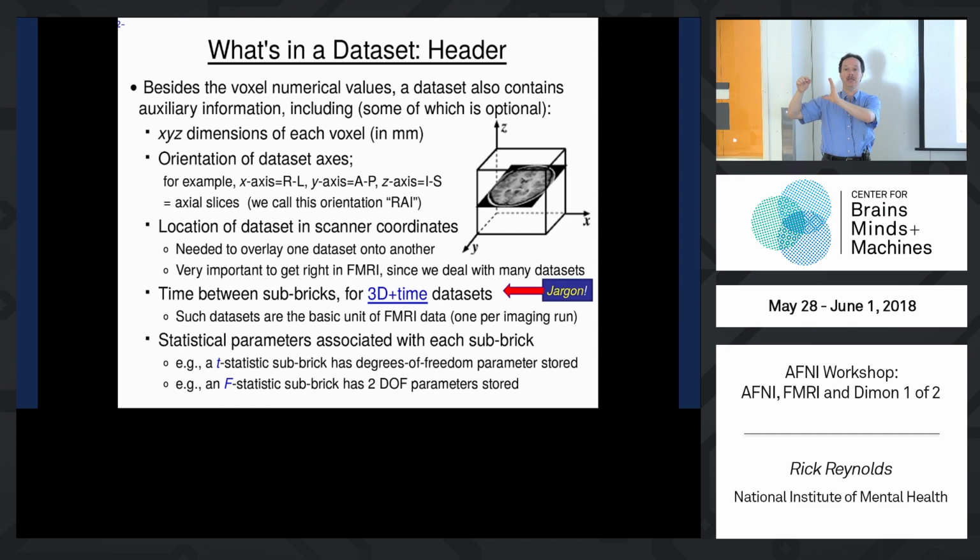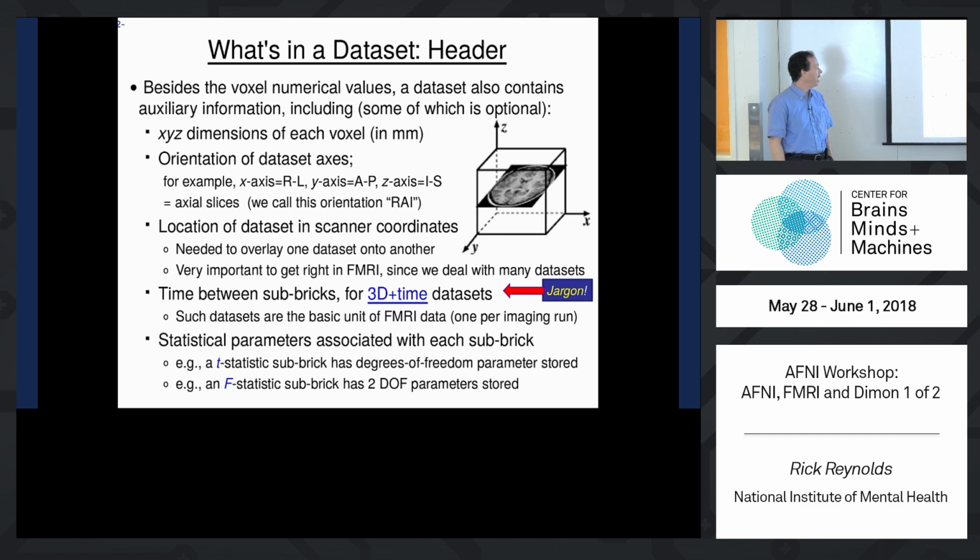So you have to know that the data values go left to right, and then posterior to anterior, and then inferior to superior. And with those pieces of information, I can say, okay, at index 17, 3, 26, I'm at this coordinate in space, and this is my piece of data for that location. So that's going between coordinates and, say, voxel indices in 3 dimensions. How you do these things, that sort of information is stored in the header.